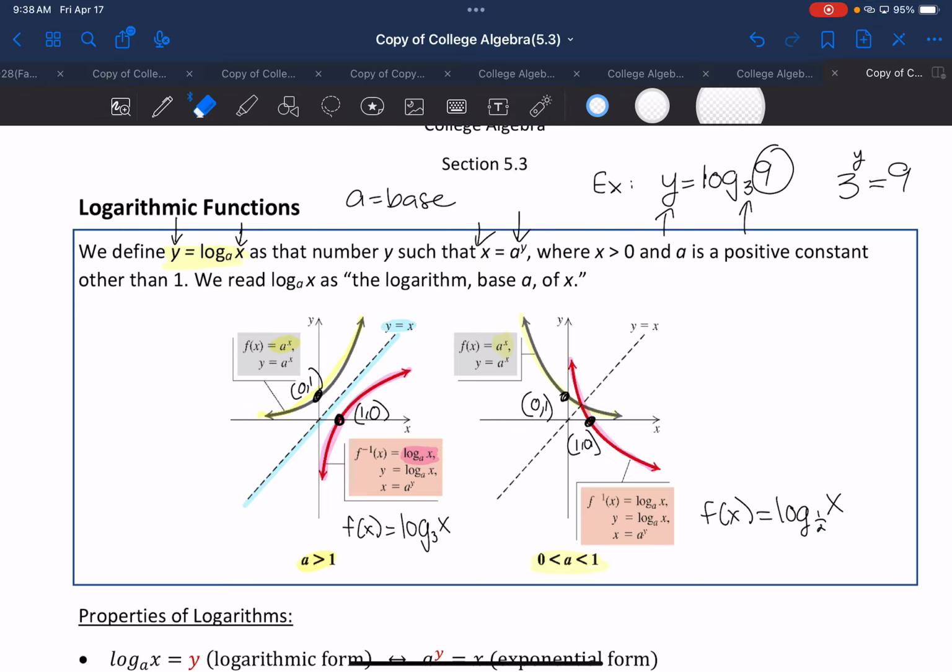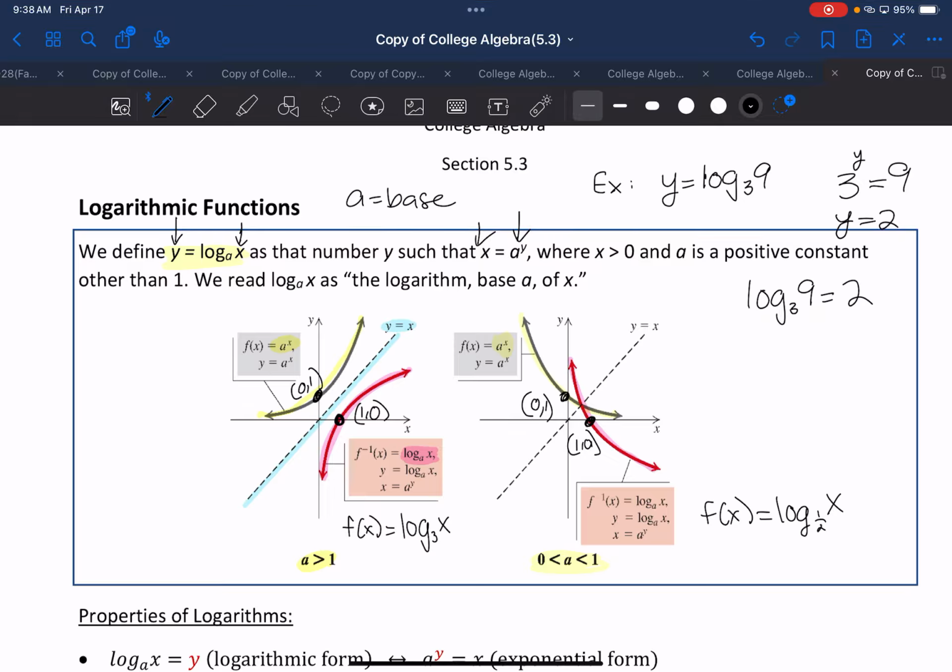And that would be 2, right? 3 squared is how we get 9. So y would be equal to 2. And I could also say that log base 3 of 9 is equal to 2, because that's the exponent I need to raise that base of 3 to in order to get 9.